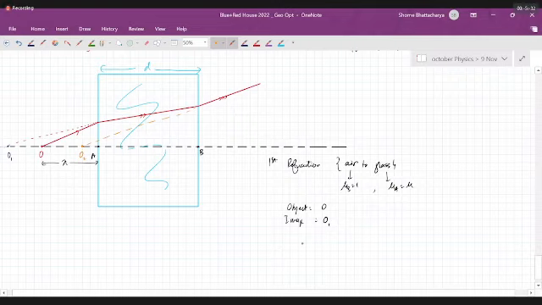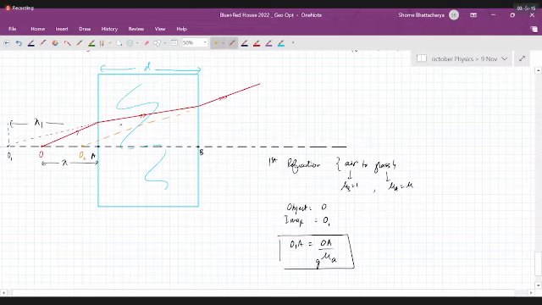So the apparent depth should be equal to the real depth divided by the refractive index of air with respect to glass. So if this distance here is now x1, x1 will be equal to x divided by this. So x1 will be equal to mu x.